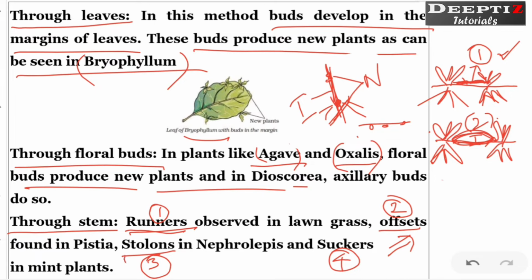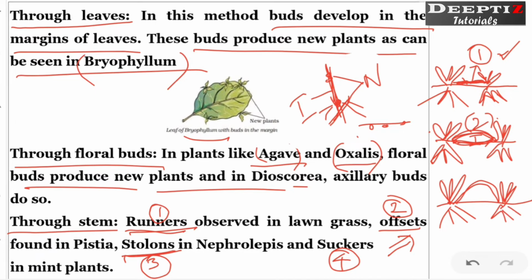Now the next one is stolon. Stolons are especially present in chrysanthemum and others. If this is the soil and there is a plant, these stolons are actually arched forms of stem with nodes and internodes, and there at the node there will be a new plant.